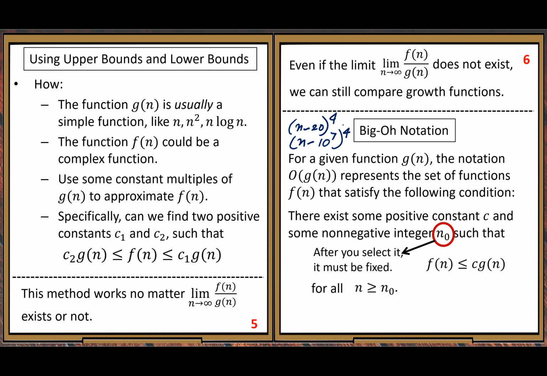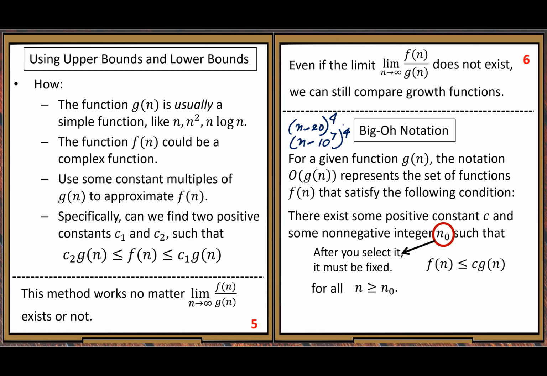But in your problem, as soon as you make your selection, stick with it and fix it. Do not change it when n goes to infinity. After you select n0, fix it. Then we make n go to infinity, and you have that inequality. That's the exact meaning of that n0.